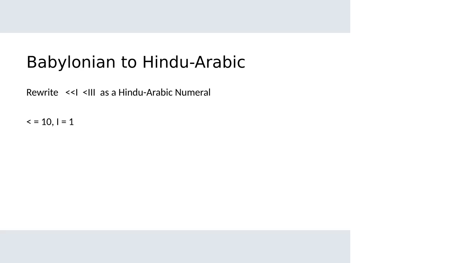Babylonian numerals were kind of a different thing. They only had 2 symbols, this vertical symbol and this horizontal symbol that we wrote as a capital letter I and a less than symbol. And that's how you'll type those in.